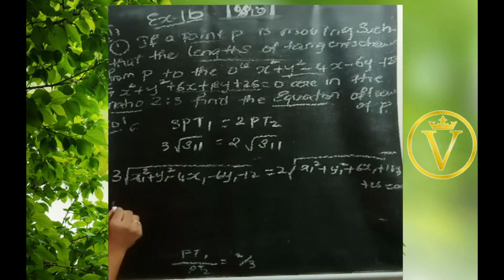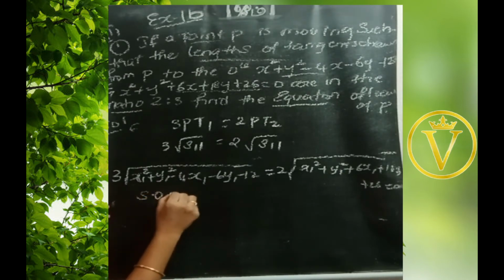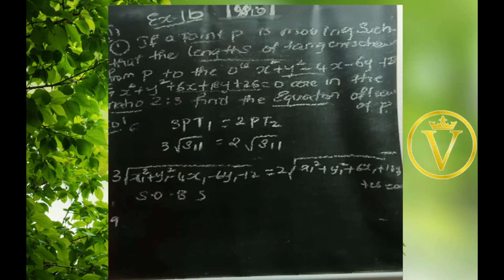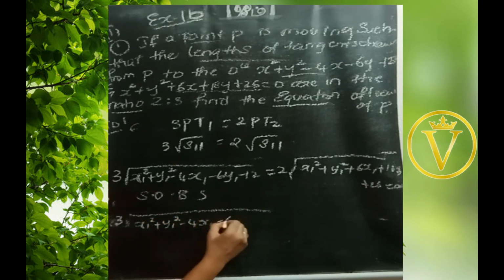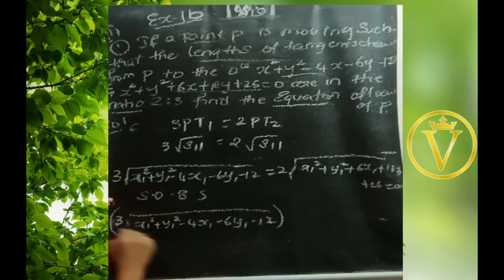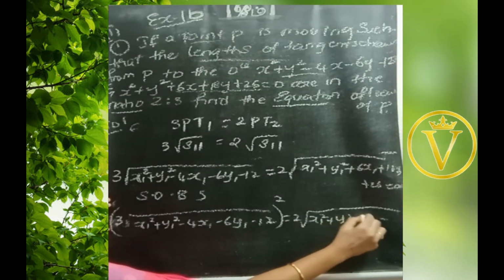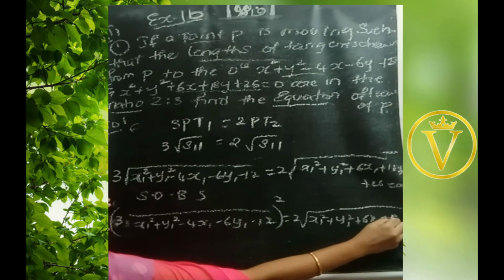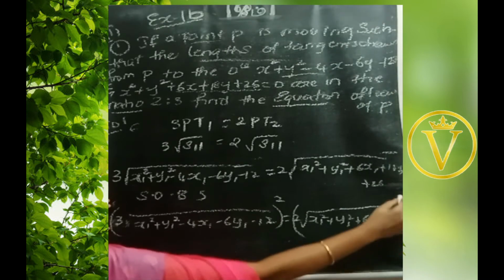Okay. Now to remove the root, what do we have to do? We have to do squaring on both sides. So squaring on both sides, that means 3 3s are 9. I will write 3 root of x1 square plus y1 square minus 4x1 minus 6y1 minus 12, whole square, equals 2 root of x1 square plus y1 square plus 6x1 plus 18y1 plus 26, whole square.